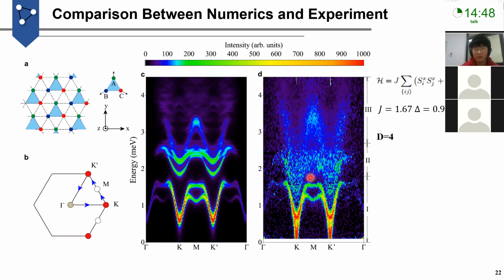In the intermediate energy regions, we produce the W-shaped dispersive continuum, and at much higher energies we can also produce a large W-shaped continuum. And there is a very sharp peak that can be directly compared with the experiment.